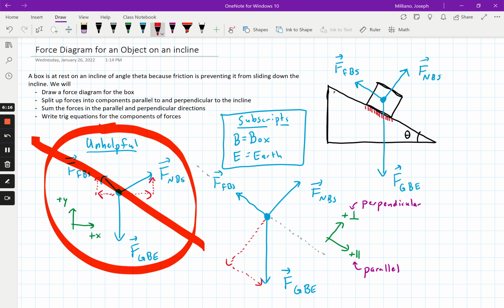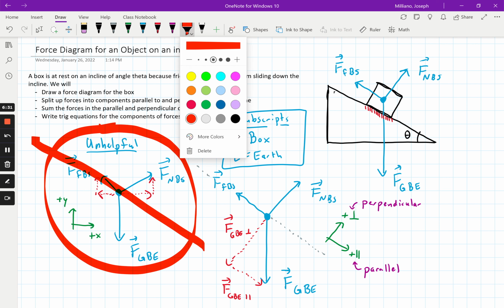There we go. Those are those components, and I'll label them. We have the gravitational force on the box by the Earth. That's the perpendicular component. And we have the gravitational force on the box by the Earth. That's the parallel component.